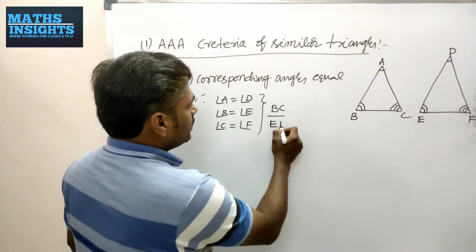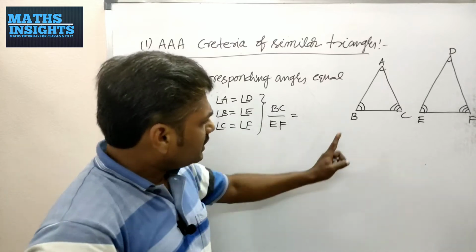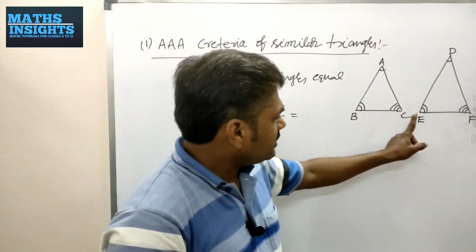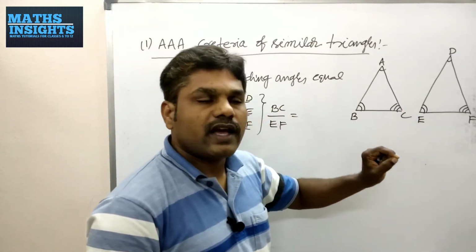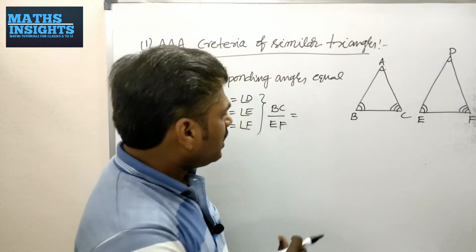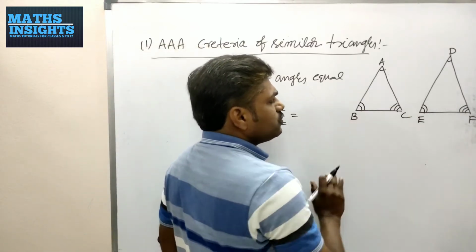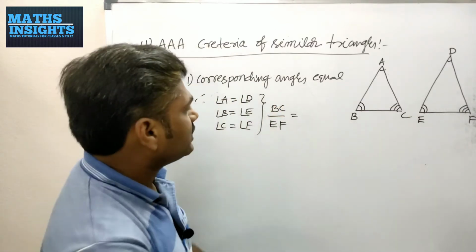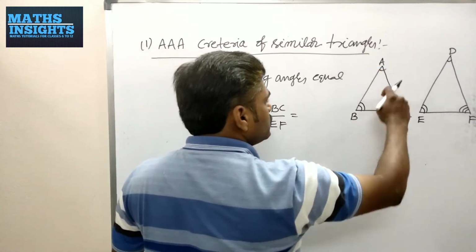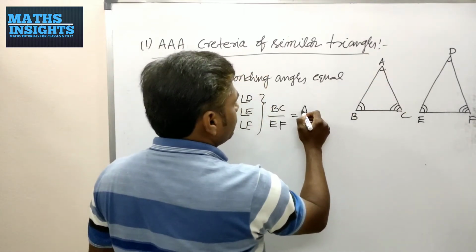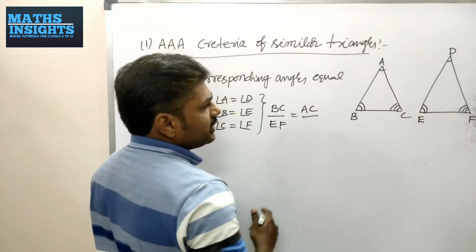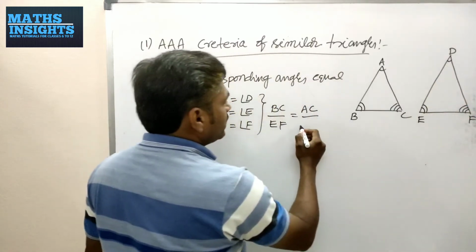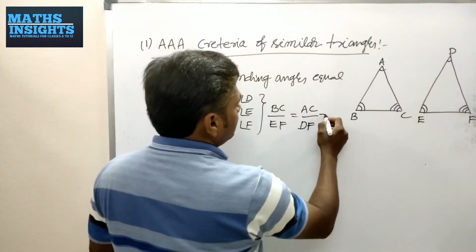Similarly, angle B equals angle E as per the data given, and the side opposite to angle B is AC, and here it will be DF.